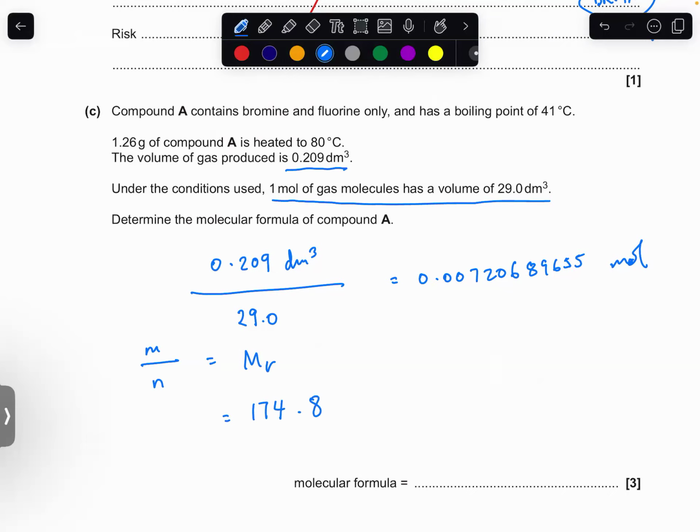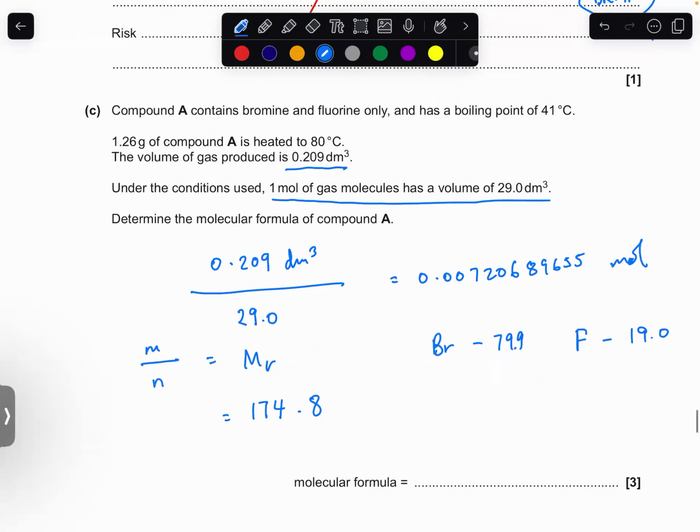And you see, bromine, Br, is 79.9, and fluorine is 19.0. So now we need to find a combination of these two elements to fit 174.8. We could use two bromines.